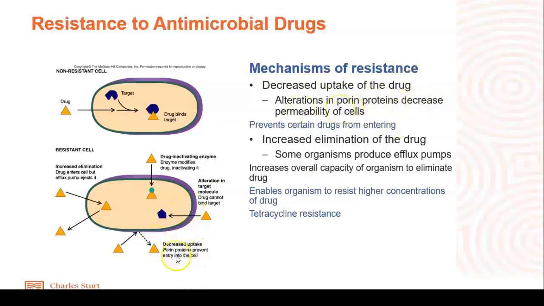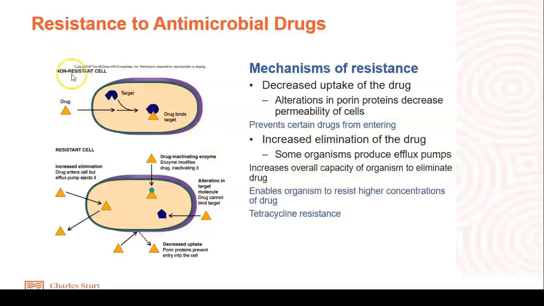You can see these porin proteins prevent drugs from entering the cell, and therefore they're going to have less of an effect. Also, you can have increased elimination of the drugs.